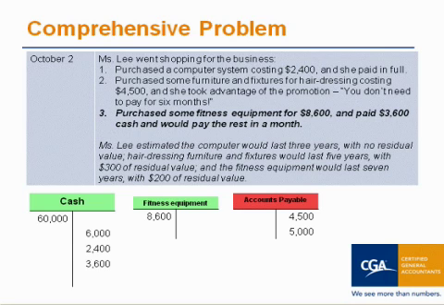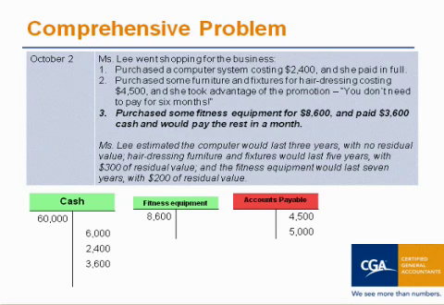Now item 3 on October 2nd, once again, Miss Lee purchased some fitness equipment for $8,600, and she paid $3,600 cash and would pay the rest in a month. So what do we need to do with that? Well, she's paid $3,600, so we have to reduce our cash account and credit that account by $3,600.